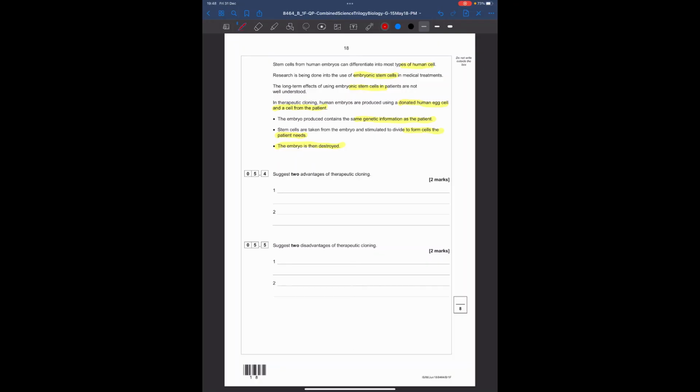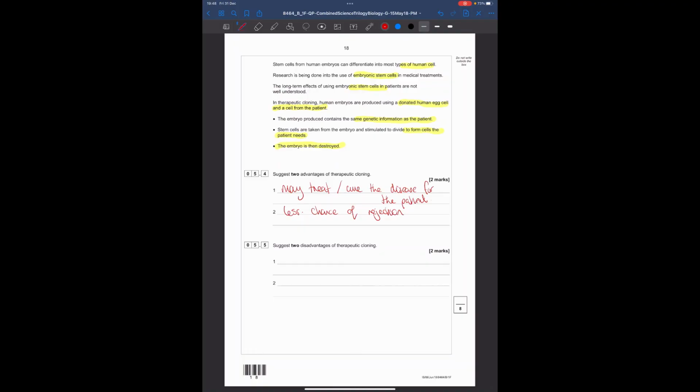Well, the obvious key advantage is that if you are making these cells, they can be used to treat or cure the disease for the patient. That's the whole reason you're doing it. Okay? And also, because you are using effectively your own genetic cells, there is then a lesser chance of rejection. Okay?